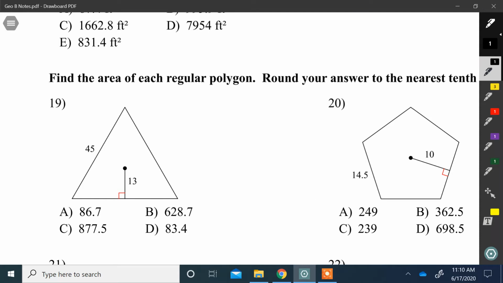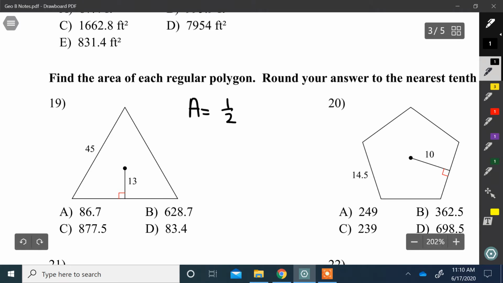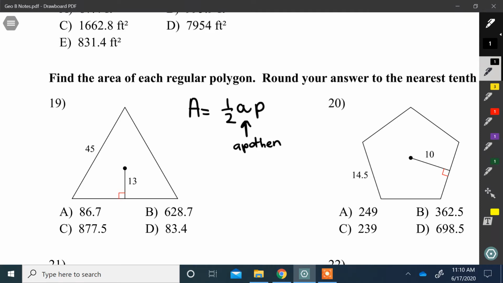So one way you can find the area of a polygon is like this. The area is equal to half, and this A is called the apothem, times P, which is the perimeter.